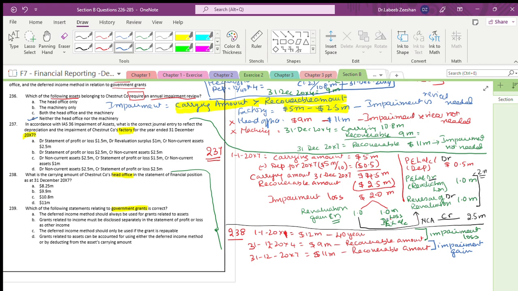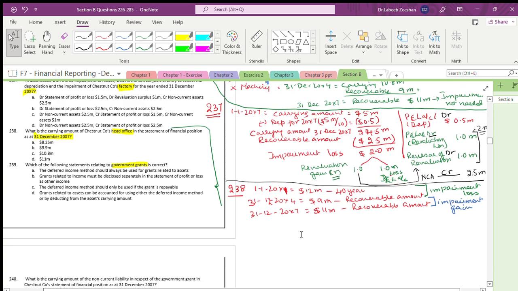They are asking us what is the value as on 31st December 2007.